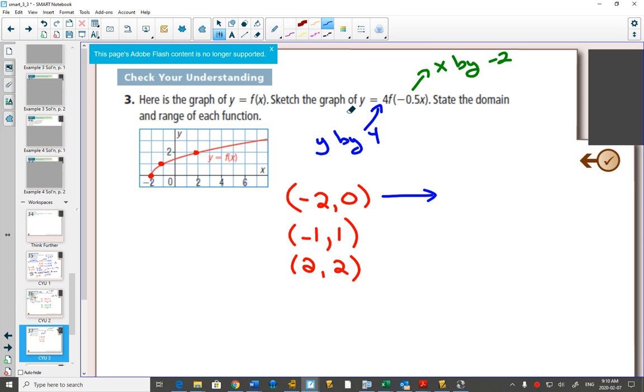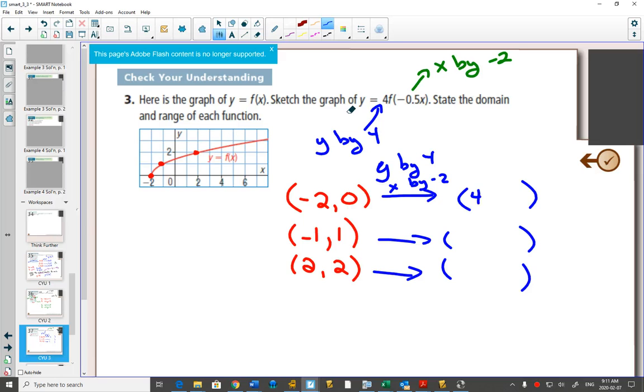And so if we draw these arrows to show those points are changing, and above this arrow we say I'm going to multiply my y by 4 and my x by negative 2, what's going to happen to those points? Okay, x by negative 2 will give me positive 4, positive 2, negative 4.